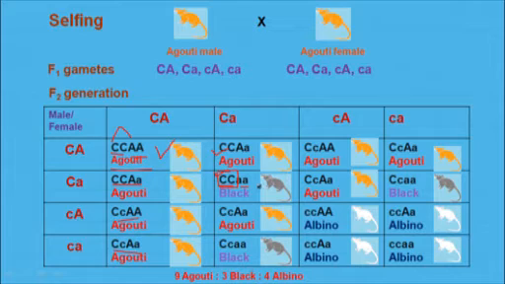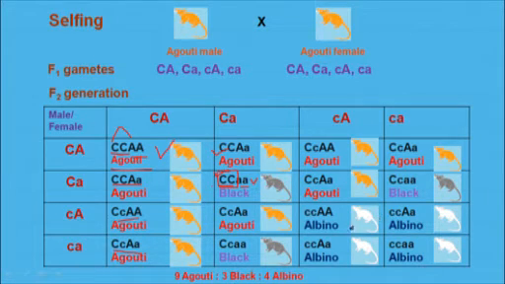Here also C has expressed, meaning C has no effect on its phenotypic expression in presence or absence of the dominant allele of gene A. So gene C can express itself in presence or absence of the other gene, that is A.